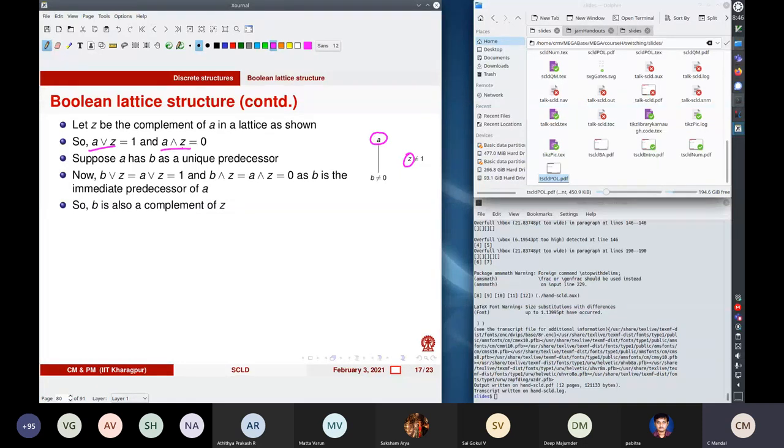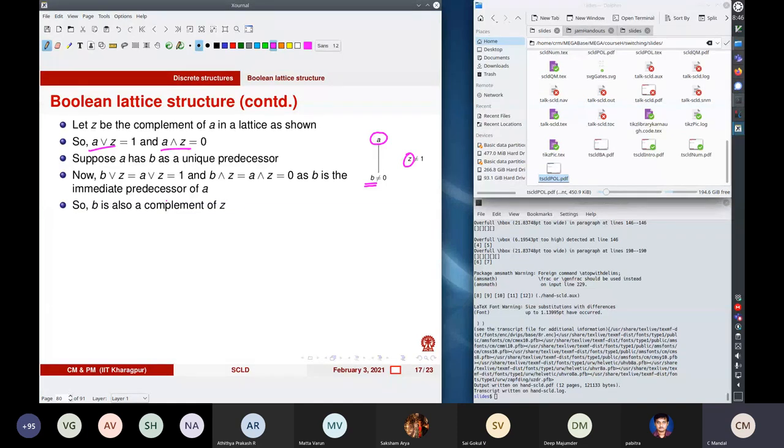Now suppose A has B as the unique predecessor, and we consider that B is not 0. Now just see the join of B and Z. The join of B and Z will be the same as the join of A and Z, from the structure.